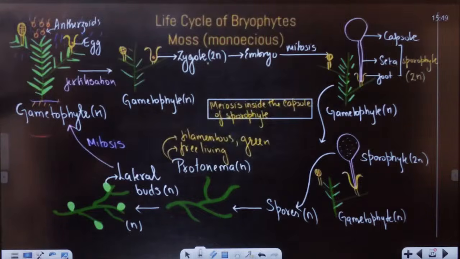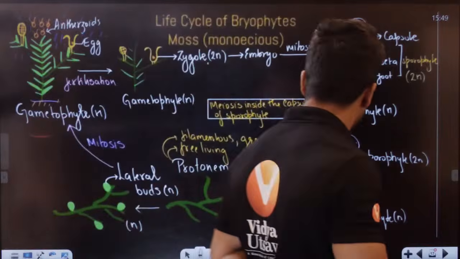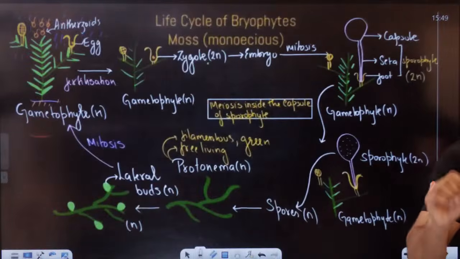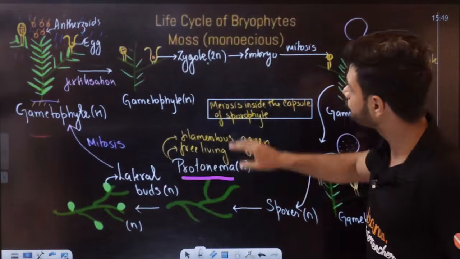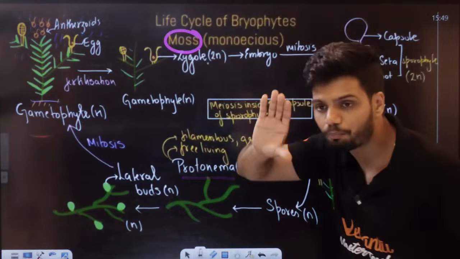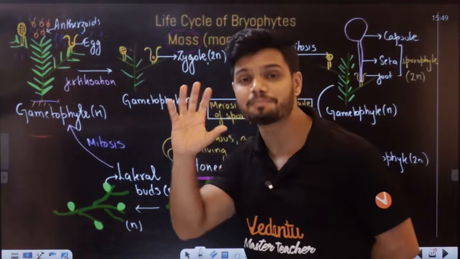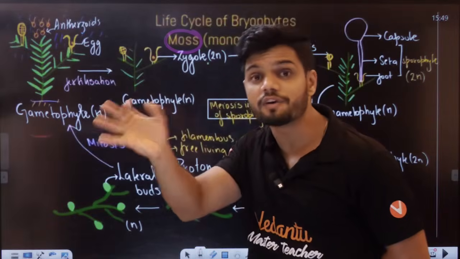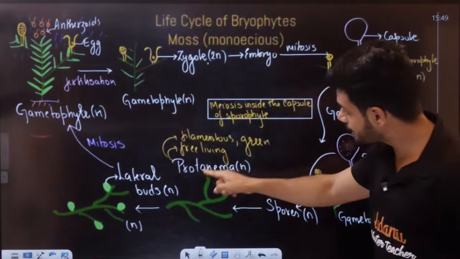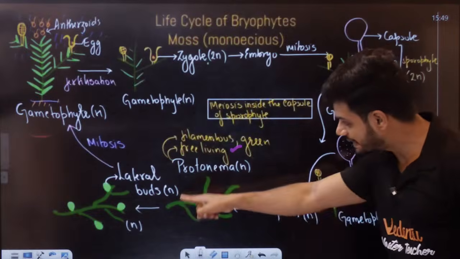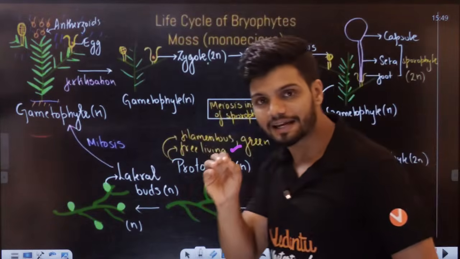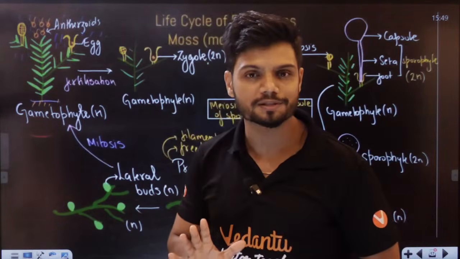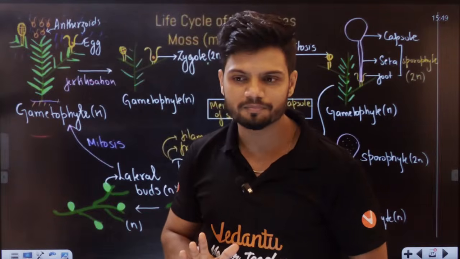All of you, if someone asks you protonema is found where, protonema is found in the case of your mosses. Very important question. And this protonema is free living. Green color का, so it can do photosynthesis also. ठीक है?